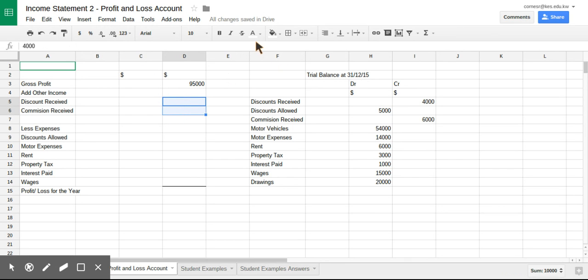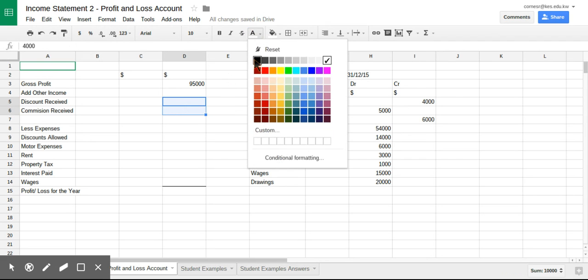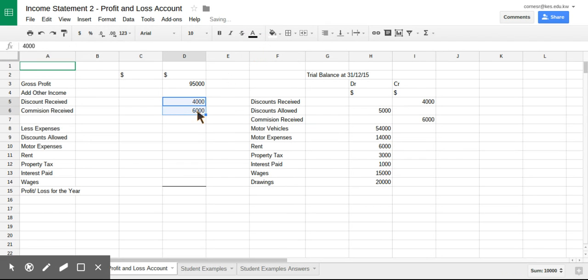I'm just going to make those all black. That tells me we've got an extra 10,000 of commission received, additional incomes received by the business. So the gross profit plus the additional incomes is going to come to 105,000.